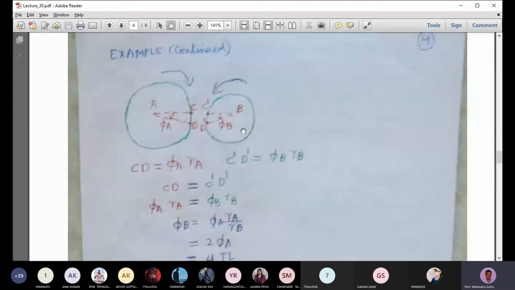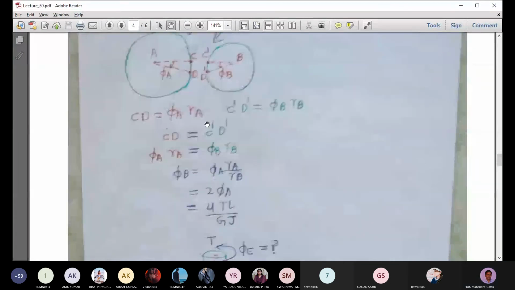Similarly, this smaller gear will rotate by an amount phi B. So the point on the arc will move from C prime to D prime. So CD will be RA phi A, and C prime D prime will be RB phi B. Because they are in contact, the CD value will be equal to C prime D prime.